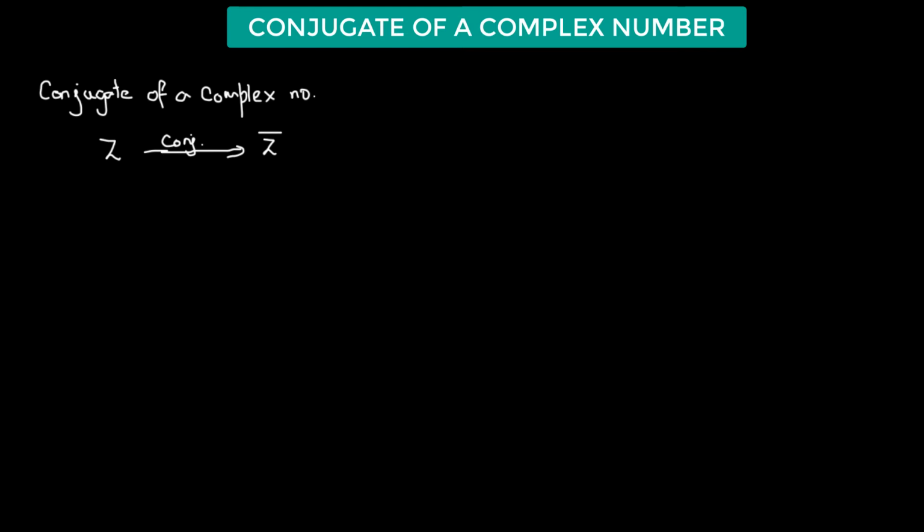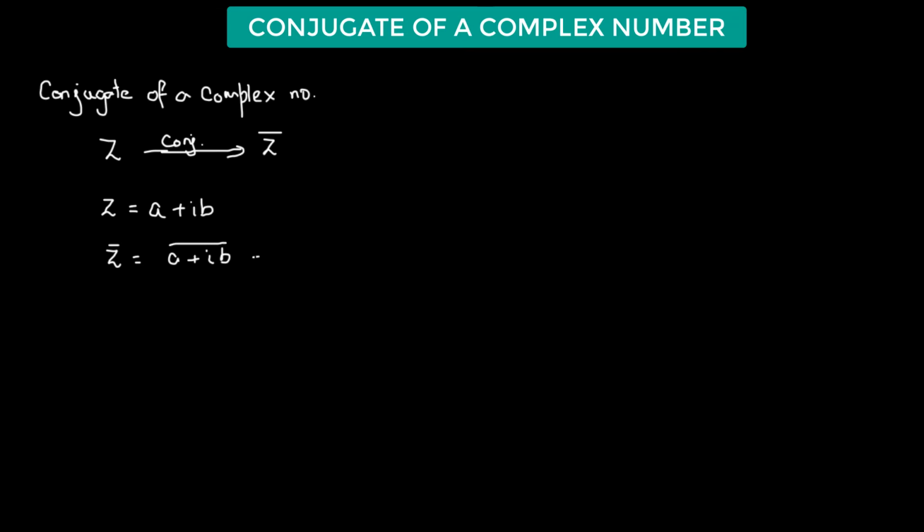What it means is that if we have a complex number z given by a + ib, then its conjugate, which is z bar, is simply going to be the conjugate of a + ib.